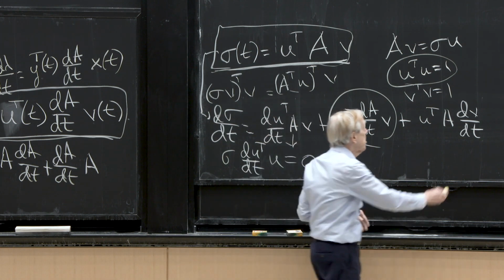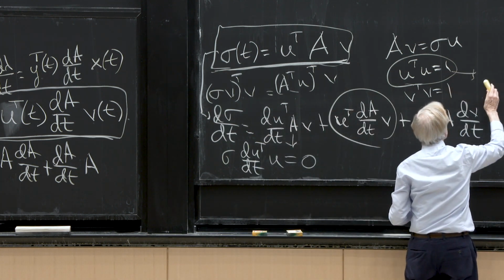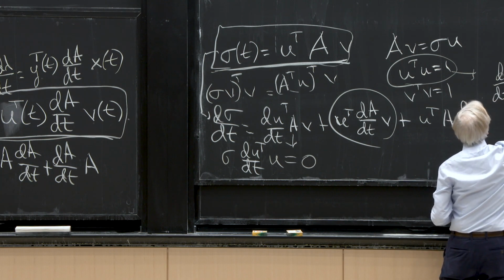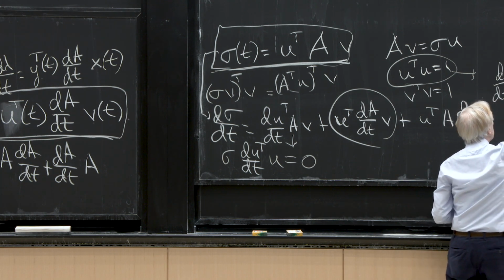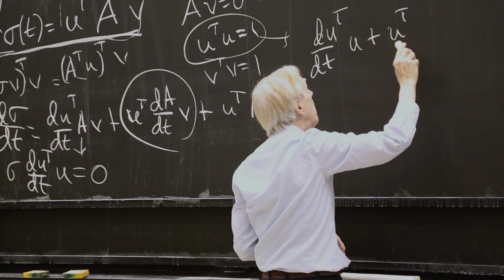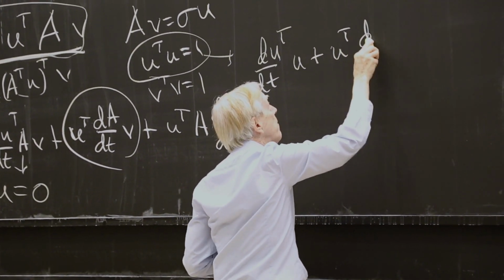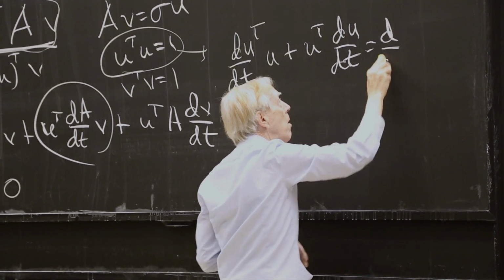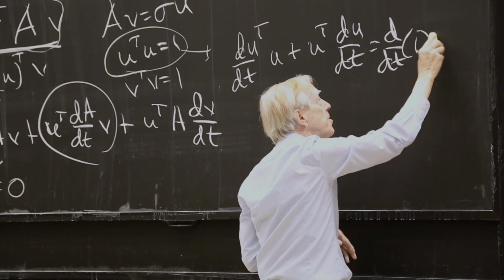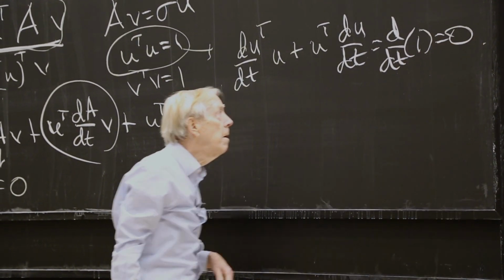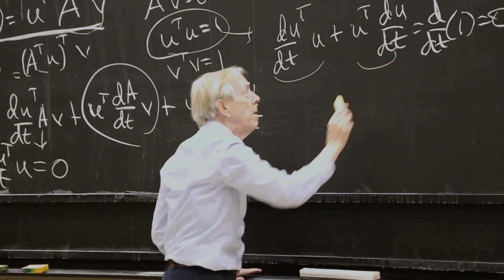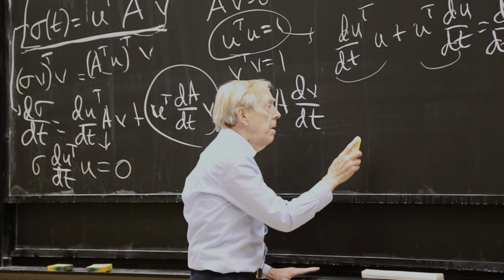So this tells me immediately that the derivative of u with u, plus u transpose times the derivative of u, is the derivative of 1, which is 0. All I'm saying is that these are the same.